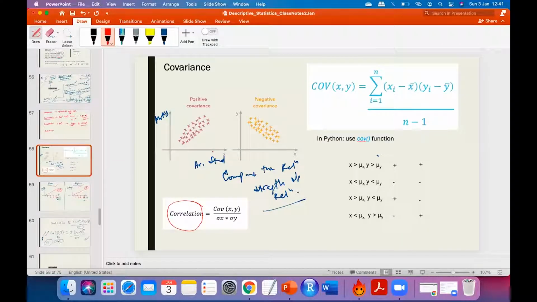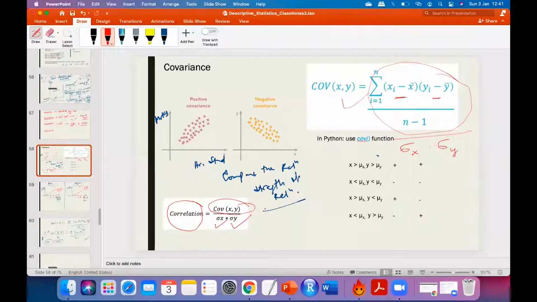I'm coming to that, but see this formula: covariance divided by the standard deviation of x into the standard deviation of y, sigma x into sigma y, because there are two variables. So I am just dividing the whole formula of covariance by the standard deviation of x and the standard deviation of y, the two multiplied.